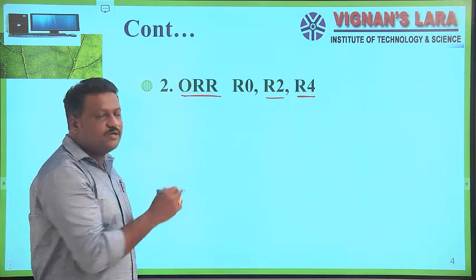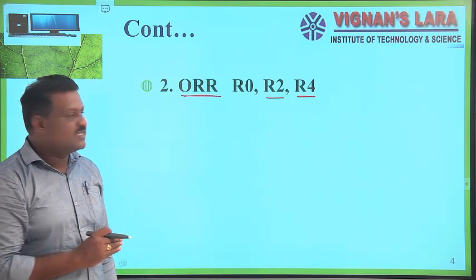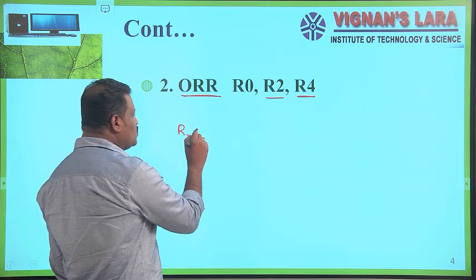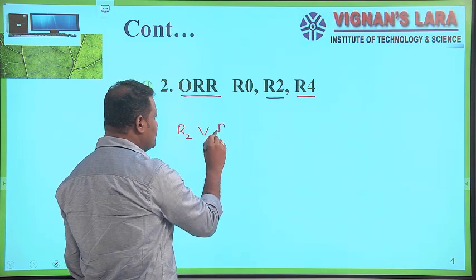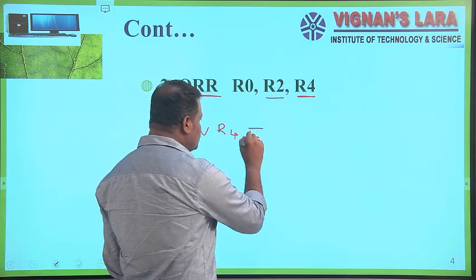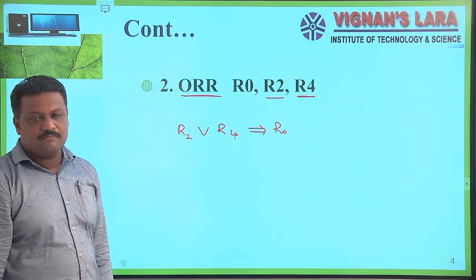At the end, the result was transferred to another CPU register, R0. So the content of CPU register R2 is ORed with another CPU register content, R4, and the final result was transferred to R0.